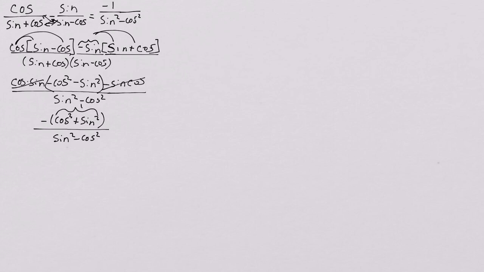It's a Pythagorean identity. I now have negative 1 over sine squared minus cosine squared, which is actually what we were trying to get. So when we come all the way back up here, what we were originally trying to get, which was negative 1 over sine squared minus cosine squared, is the same thing.